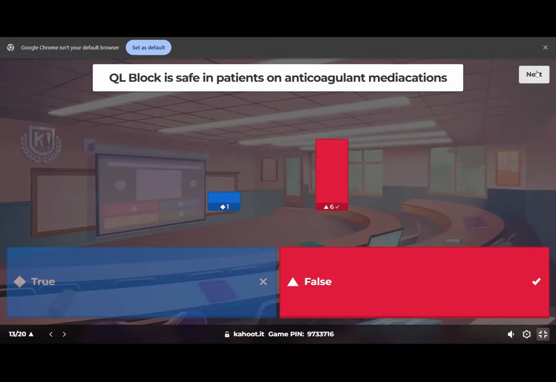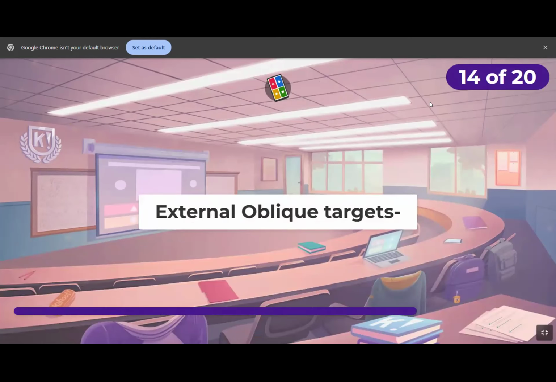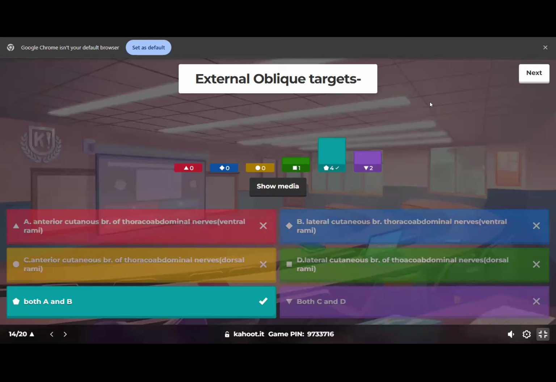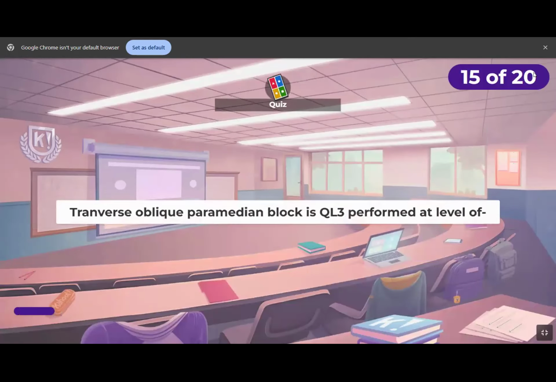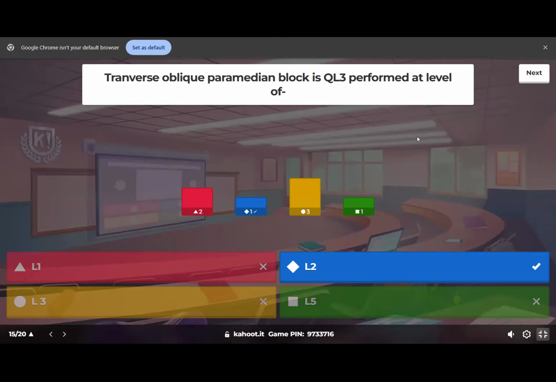Simple one. If you got it correct. Correct.